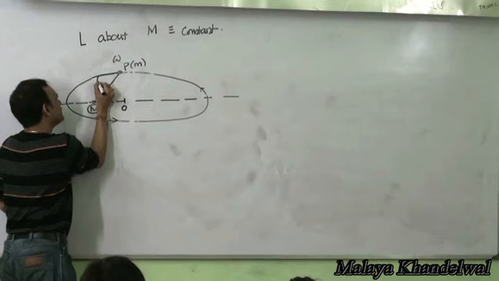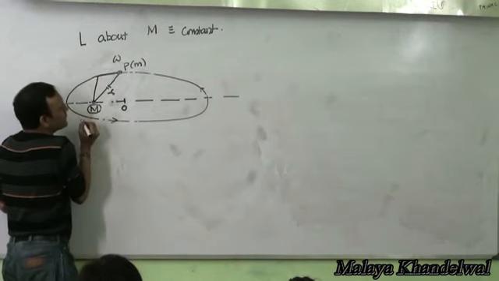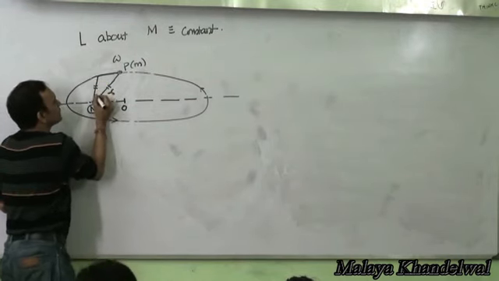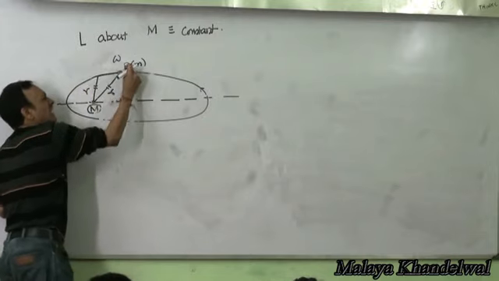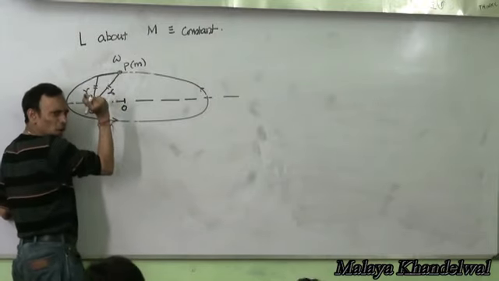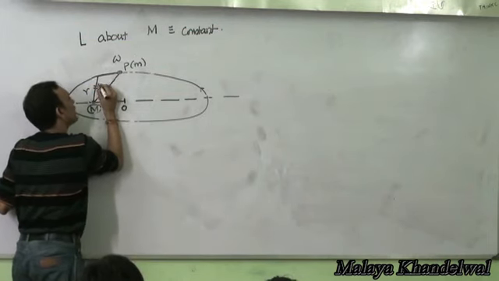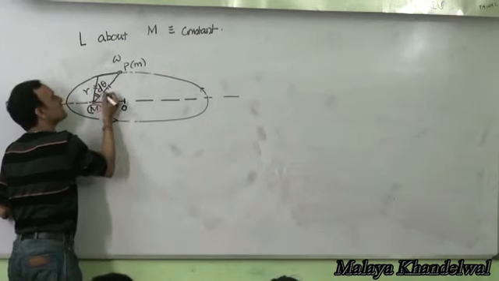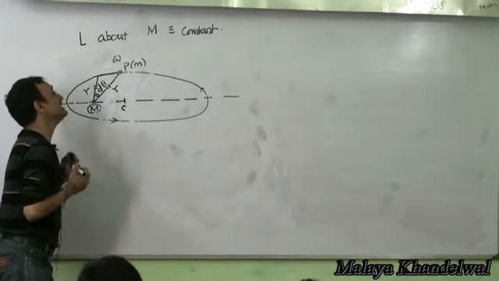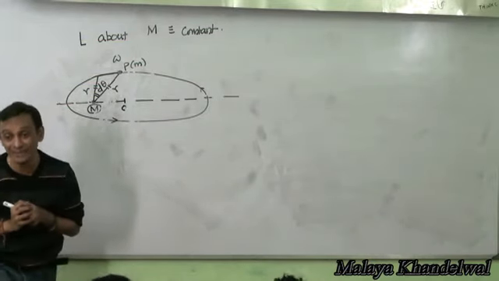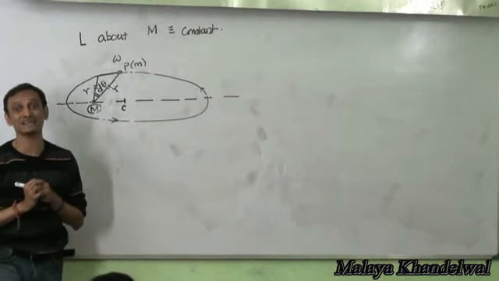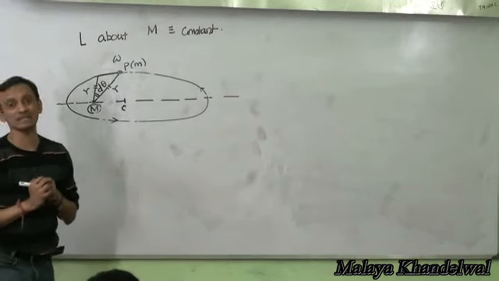That means in a small time dt, this radius vector will remain practically r, whereas it's going to describe an angle d theta at the center. In a small time dt, it describes an angle d theta at the center.